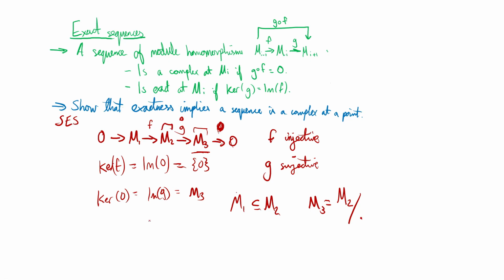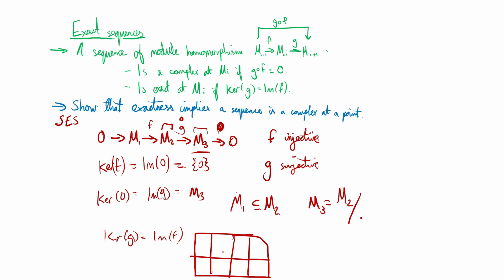The exactness here tells us that the kernel of G is the image of F. So M2 gets partitioned into copies of M1, and one of these copies of M1 is the kernel of the map into M3, which means M3 is M2 over M1.